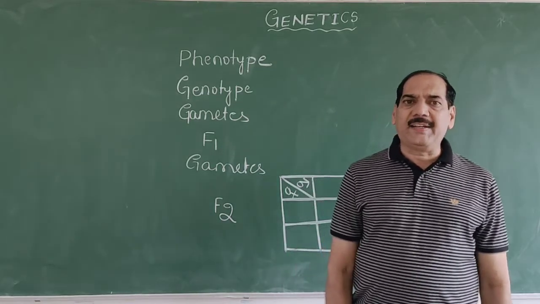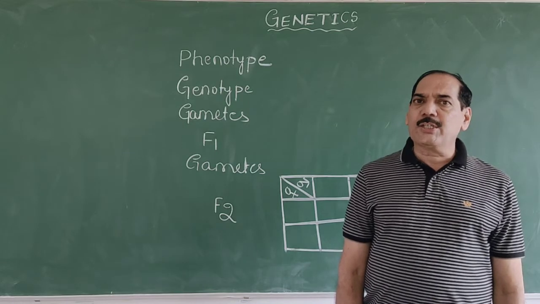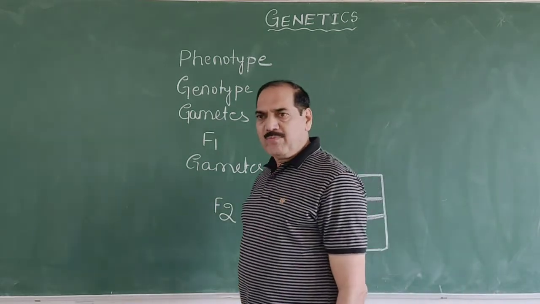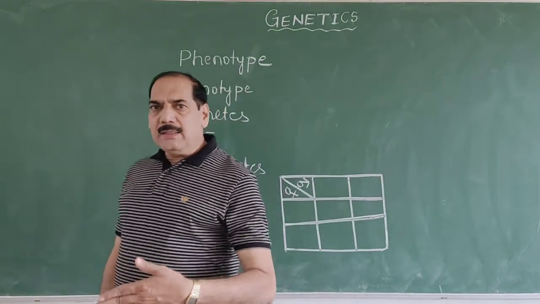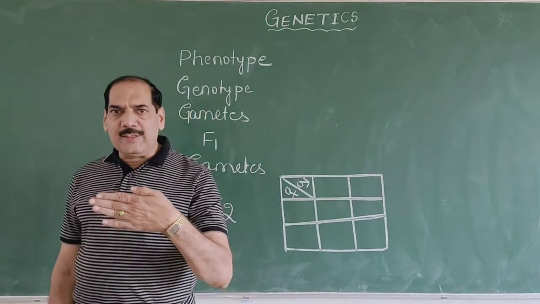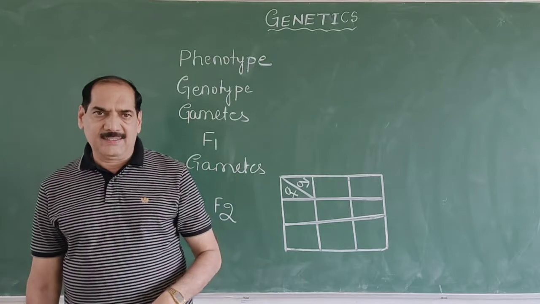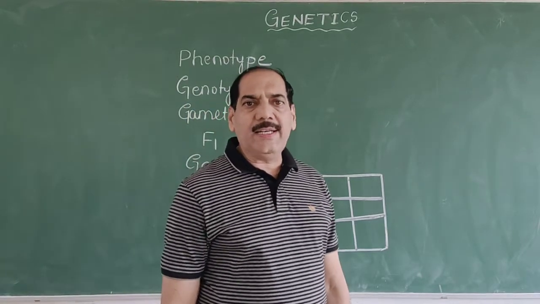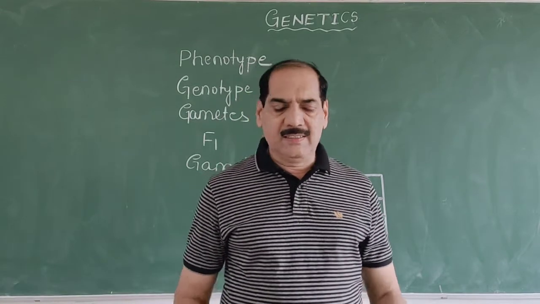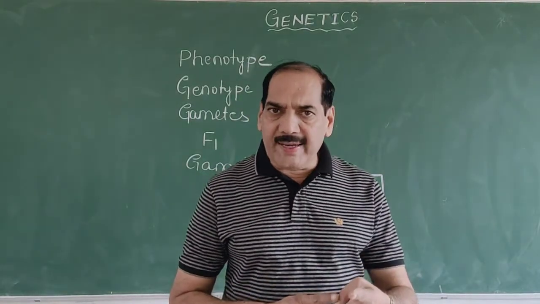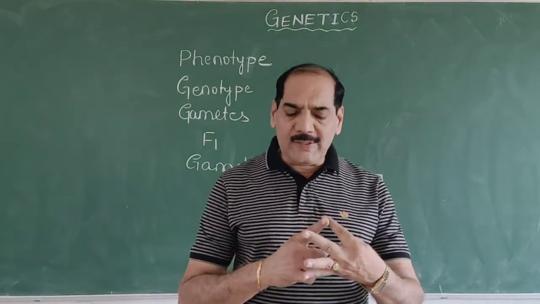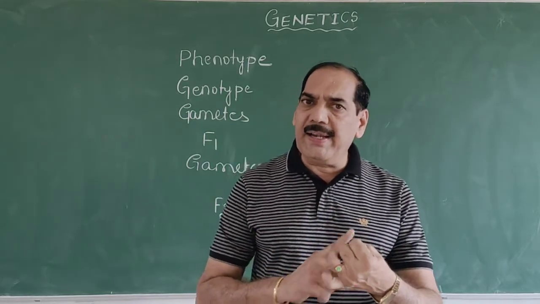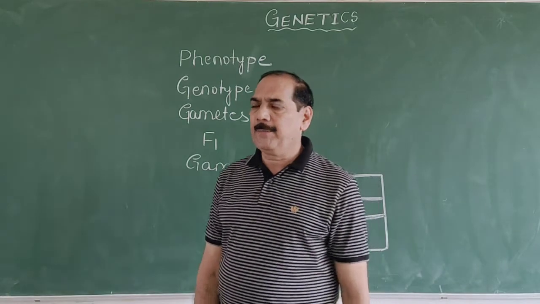And he selected first 2 varieties for his experiment. And by the result of these experiments, he formulated 3 different laws: law of dominance, law of segregation, and law of independent assortment.